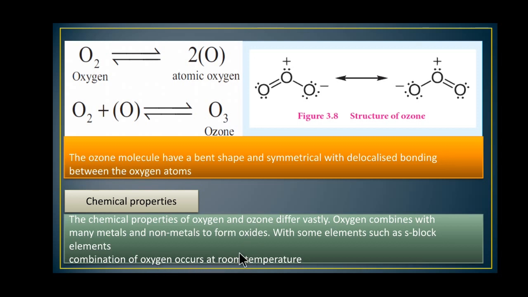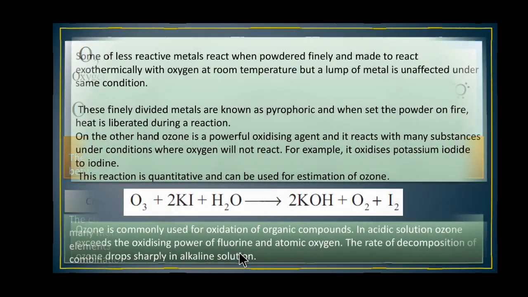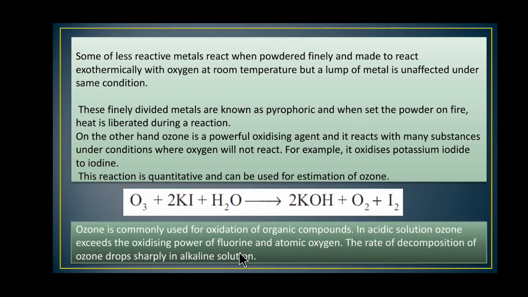It is a condition. And next we are going to discuss some less reactive metals, which react when powdered finely and made to react exothermically with oxygen at room temperature, but a lump of metal like gold is unaffected under the same condition.